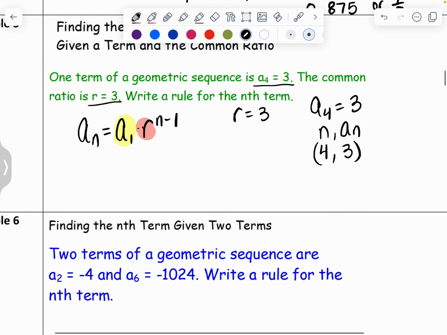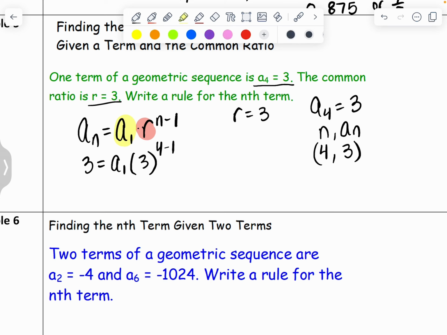So a sub n is 3. I don't know what the first term is, I just know what the 4th term is. I know that r is 3, and I know that n was 4. Now I'm going to solve this for a sub 1.